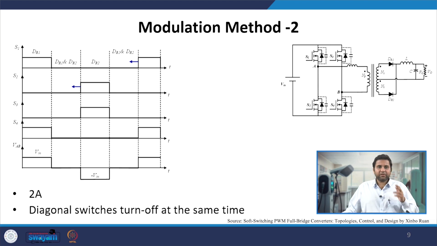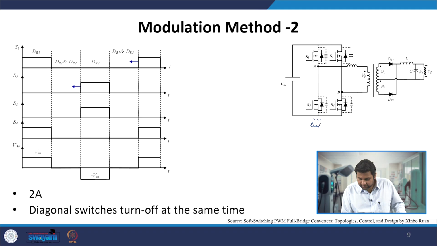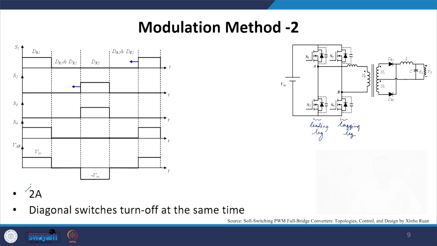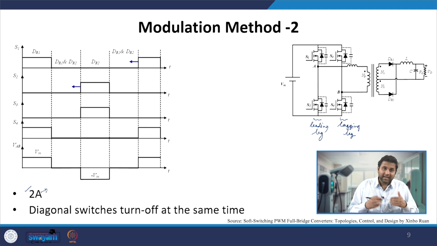Now in the second modulation method, we are adjusting the turn on period of the leading lag, which is defined in the second possibility on the leading lag side, but we are not changing anything on the lagging lag.